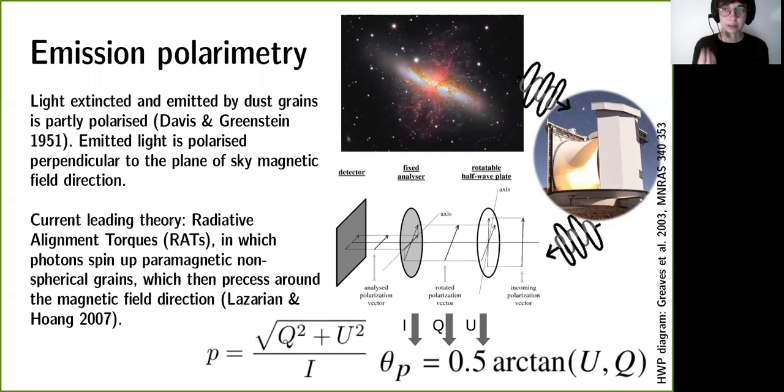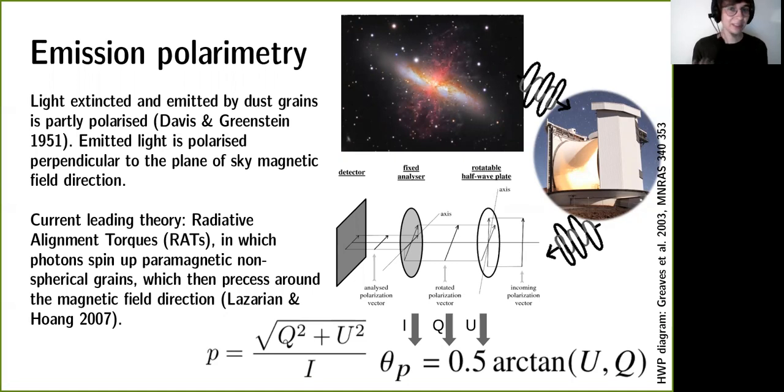That means that the dust grains are preferentially aligned with their minor axis parallel to the magnetic field and their major axis perpendicular. To recover the plane of sky magnetic field direction, we take the polarization angle and rotate it by 90 degrees. All of the vectors that I show throughout this presentation have been rotated by 90 degrees to trace the magnetic field direction.